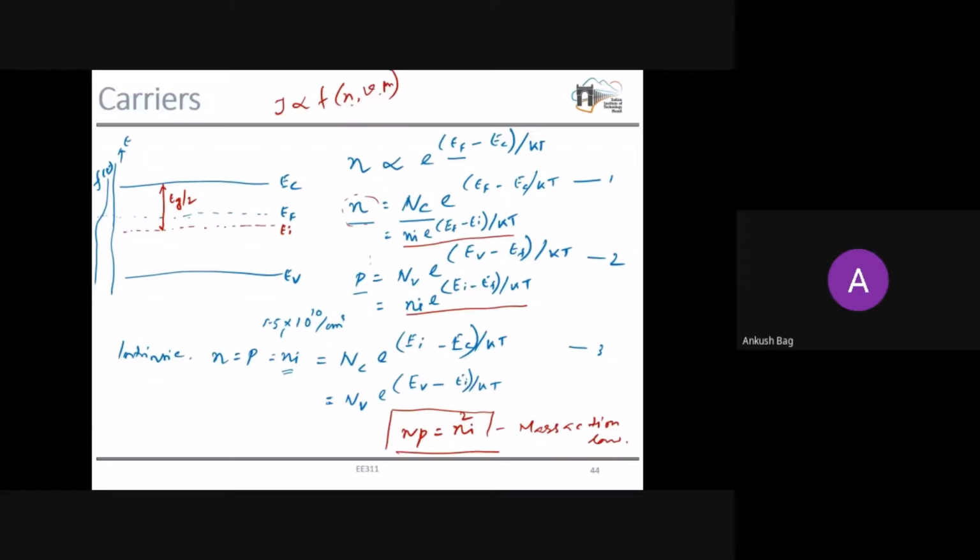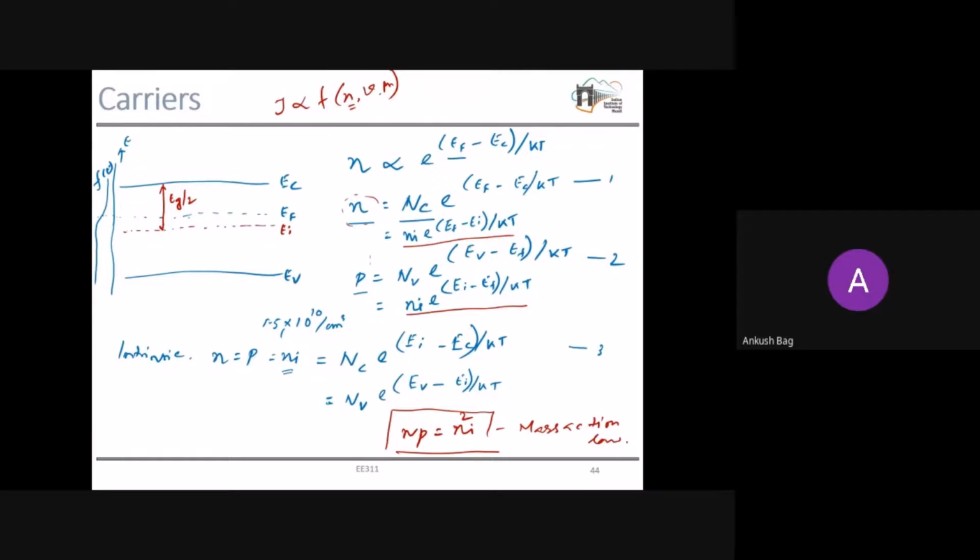So now we could quantify the number of carriers available in the semiconductor. The next parameter we need to quantify to calculate the overall current is mobility, or the velocity of your carriers.